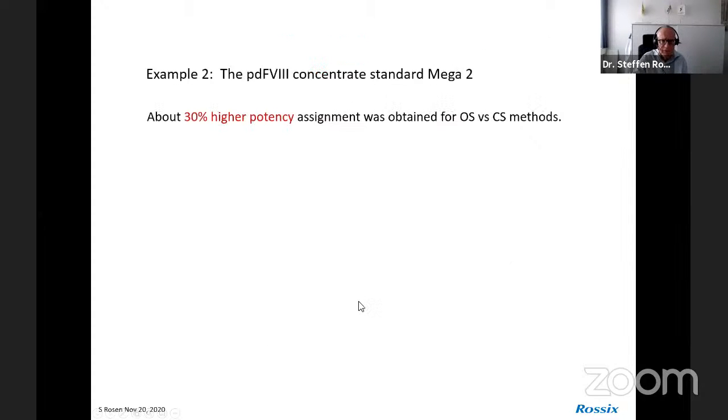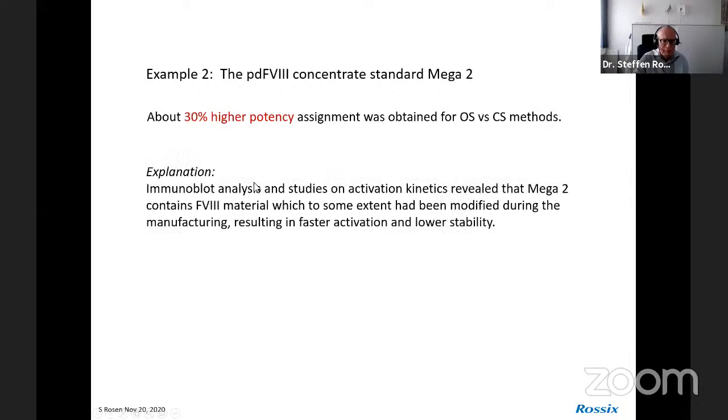And another case, actually, the secondary standard, the concentrate standard Mega-2 used by manufacturers for potency assignment of concentrate. It was actually so that this concentrate has a 30% higher potency assignment with the 1 stage versus Chromogenix substrate methods. And the explanation was found from immunoblot analysis and studies on activation kinetics, which indeed revealed that the Mega-2 contains factor VIII material, which to some extent had been modified during the manufacturing, resulting in faster activation and lower stability.